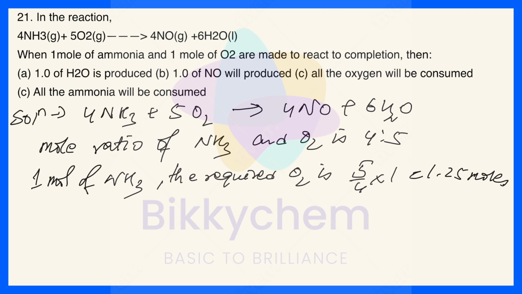That means the option which is given here, 1.0 of H2O is produced, 1.0 of NO will be produced.